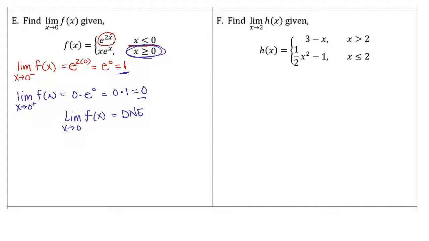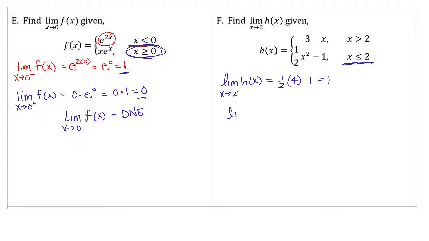Okay, our last example, same notion again. We're going to have the limit as x approaches 2 from the left of h of x. And so I need less than 2, so let's substitute in. So I'm going to have 1/2 times 2 squared minus 1. So that's going to give me 1.